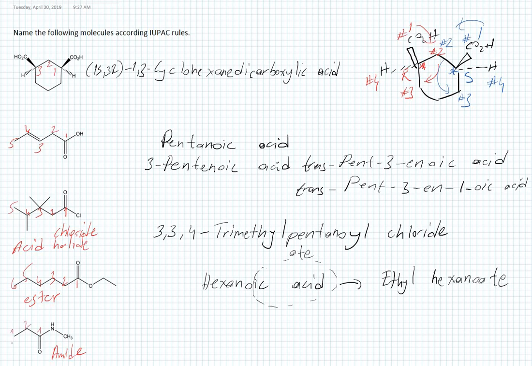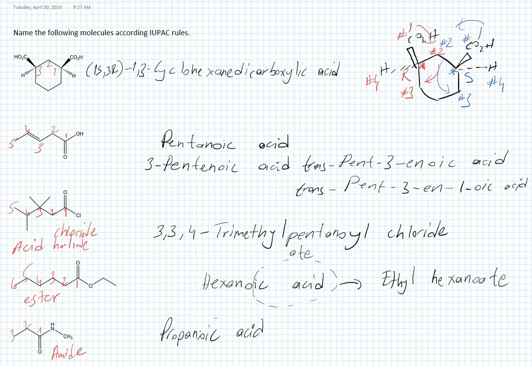So we have 1, 2, 3 carbons in the longest chain. So this is going to be propane, but the E will drop and we have to add oic acid. So this is propanoic acid, if it were a carboxylic acid, but it is not a carboxylic acid, it's a derivative, so it's an amide.